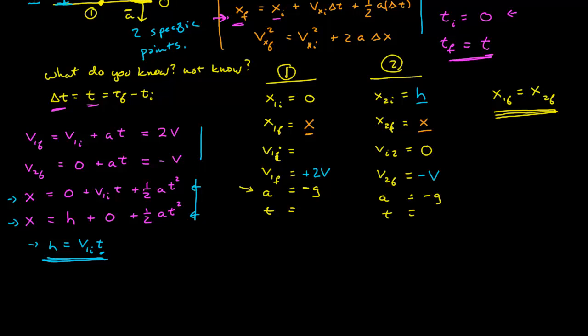So if I look back at these two and combine them, I get twice the velocity is equal to the velocity 1 initial plus at. If I substitute at from the second equation, at is equal to negative v. So this tells me that my initial velocity is equal to 3v. So now I've learned something new. My initial velocity is 3v.